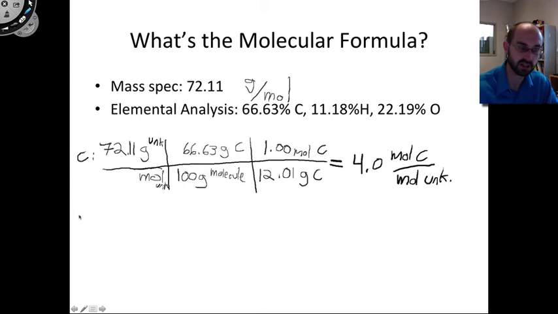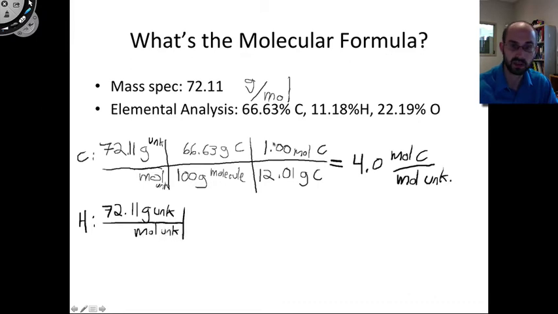Let's do hydrogen next. Again, we start from the mass spec. We know we have 72.11 grams of unknown per mole of unknown. Now we know we have 11.18 grams of hydrogen per 100 grams of unknown.